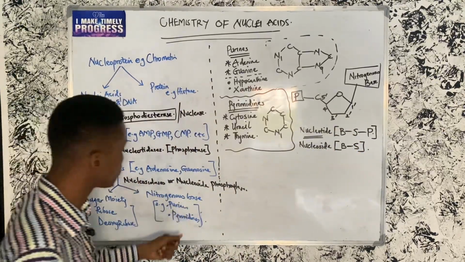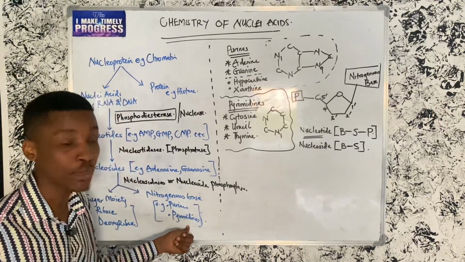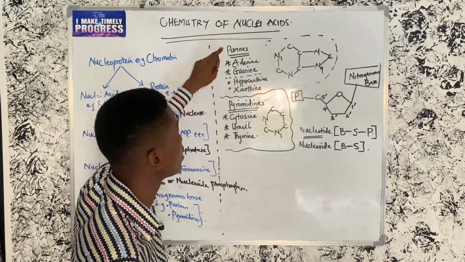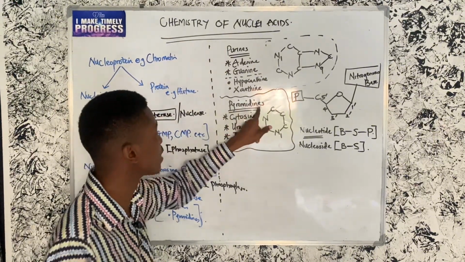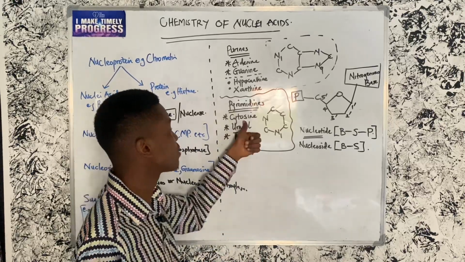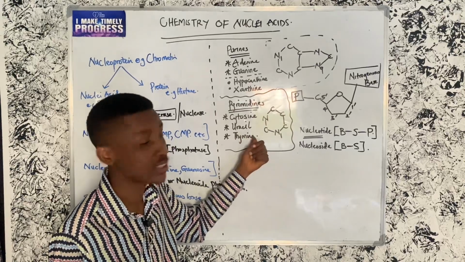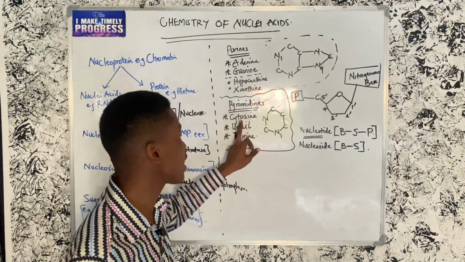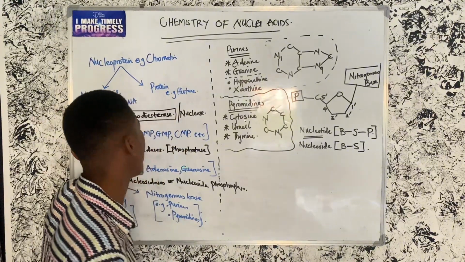Then for my nitrogenous bases, they can either be purines or pyrimidines. Who are the purines I can have? Okay, I should even start with pyrimidines. Who are the pyrimidines I can have? I have the acronym CUT: cytosine, uracil, and thymine.